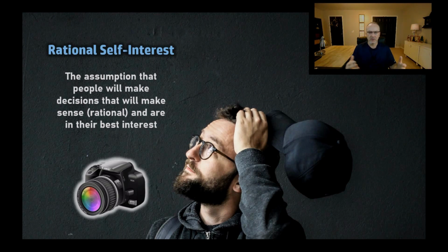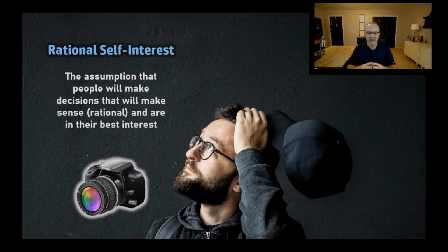Well, in a rational way, we're going to assume that he's going to conclude that having more storage in his camera is better than less storage. It wouldn't make any sense for him to assume that less storage was better. You see, that's rational. And the self-interest part is that he is going to make this decision based on what's best for him and not what's best for the guy selling it to him.